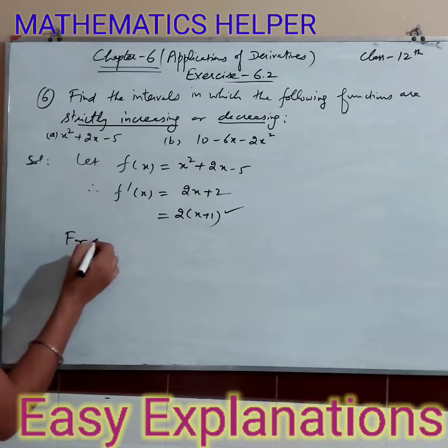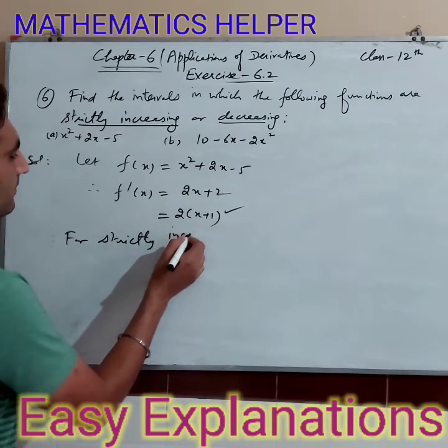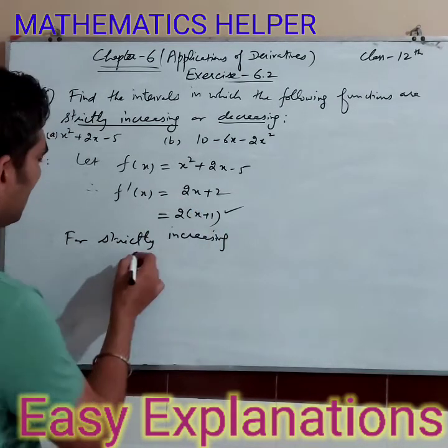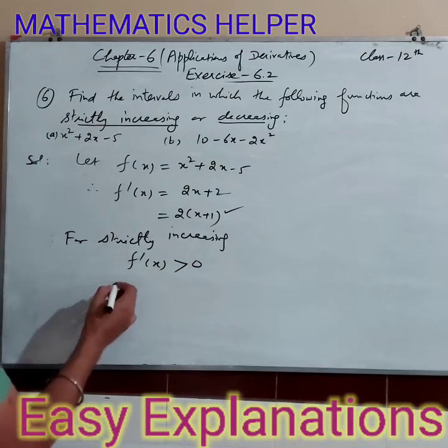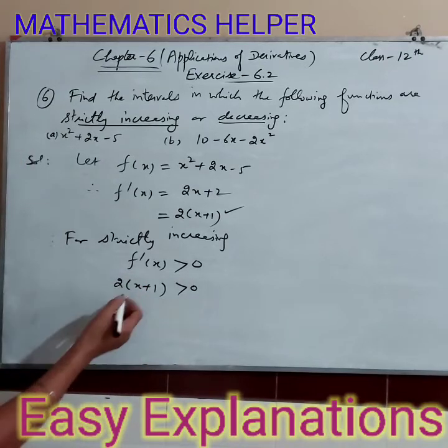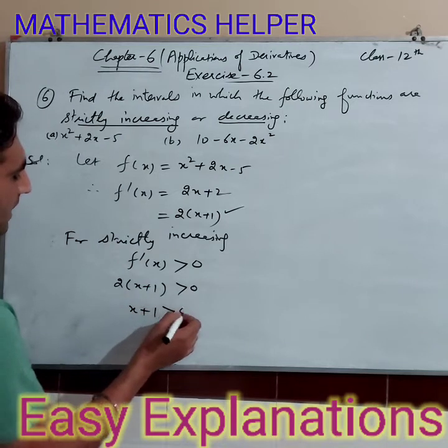Now for strictly increasing, we will start from the result. For strictly increasing, the derivative of the function should be greater than 0. It means its value, which is 2 into x plus 1, should be greater than 0. When you shift 2 there, 0 over 2 will be 0. So you will have x plus 1 greater than 0.